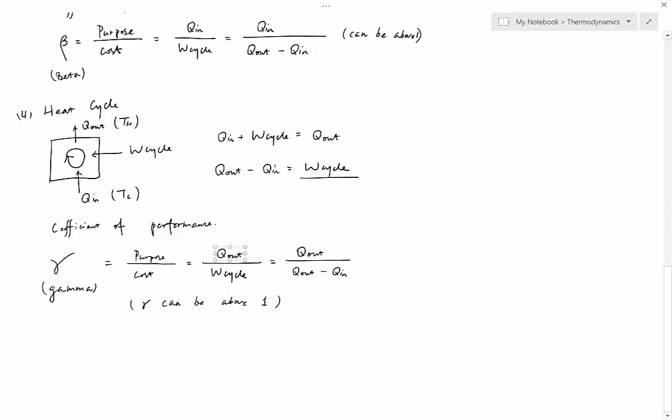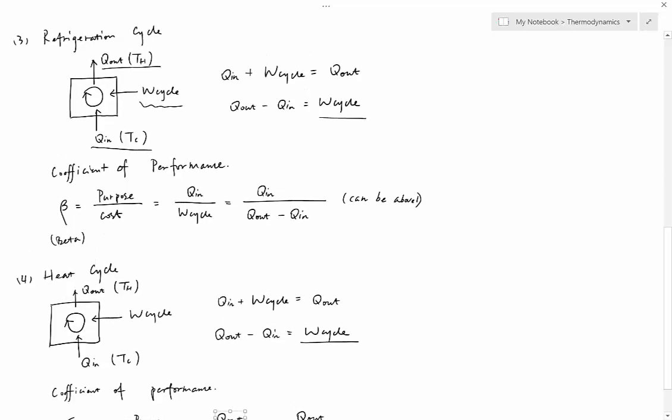Q out is the reason for a heating cycle. So that's why even though they have exactly the same diagrams, they have different names because they have two different purposes. So now you may understand why for a central AC, it works for refrigeration and heating too at the same time, because essentially they're the same thing.